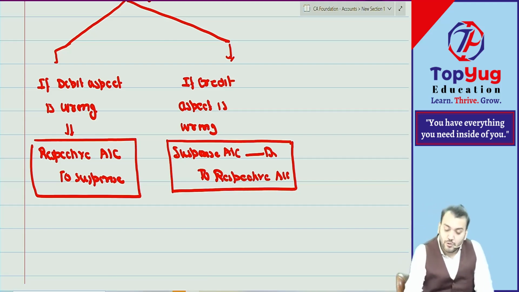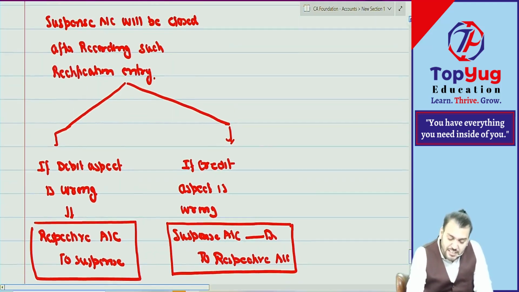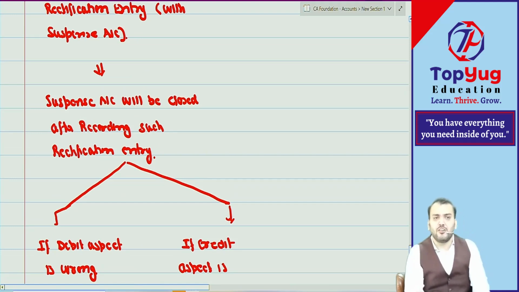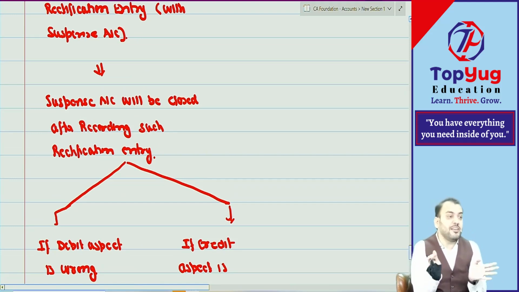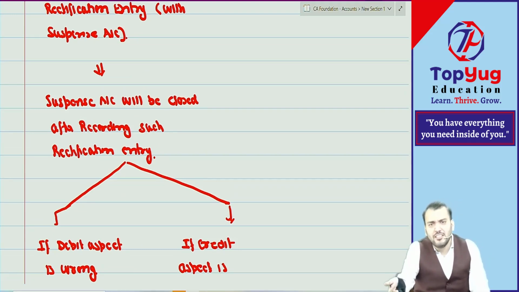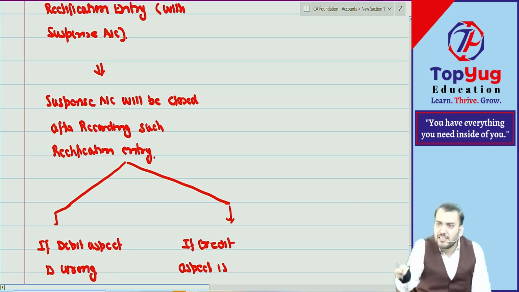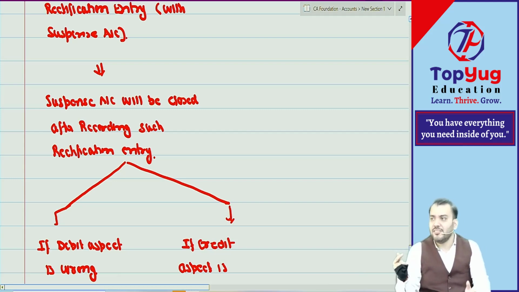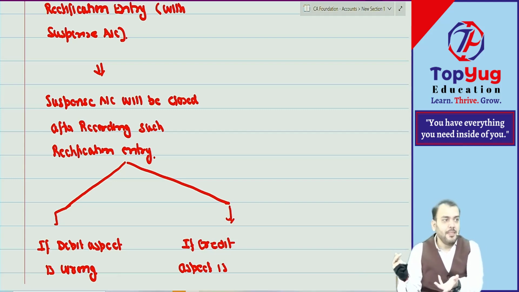Correct? Now, two-sided error means, can I say it will not be rectified by using suspense account, because two-sided error is not represented by suspense account. Means pass a rectification entry. Both the aspects are wrong. So one will be debited, one will be credited, respective account debit to respective account. This is a rectification entry. Correct.